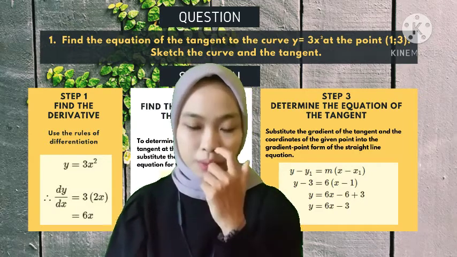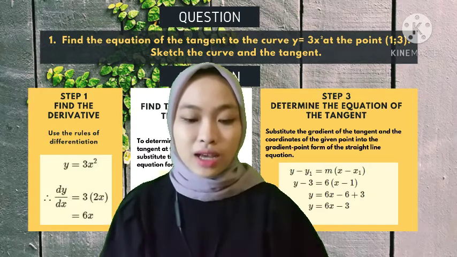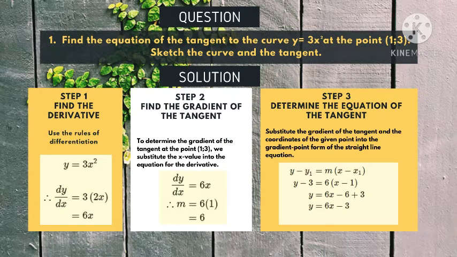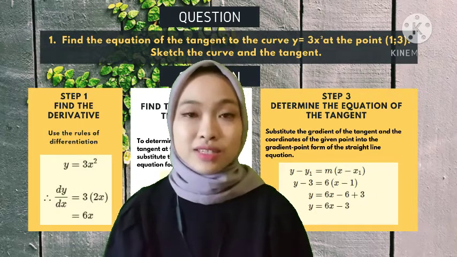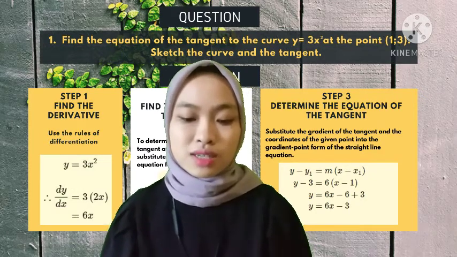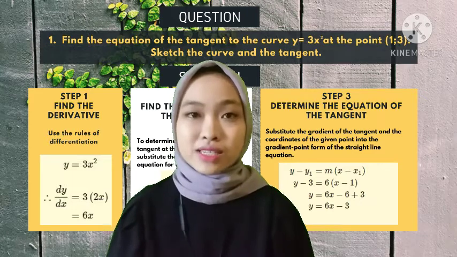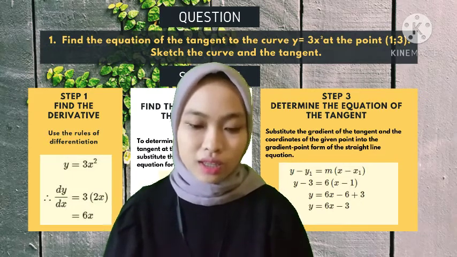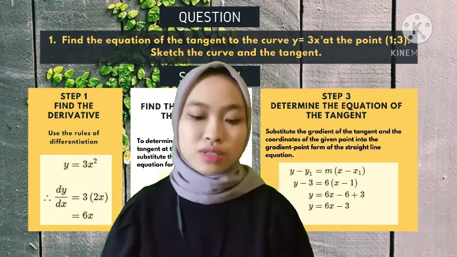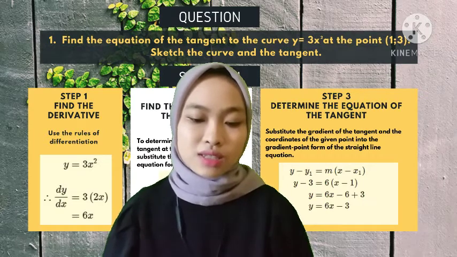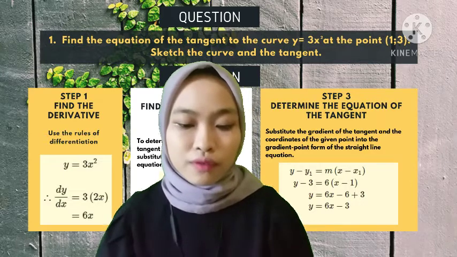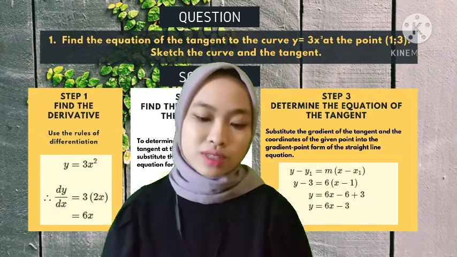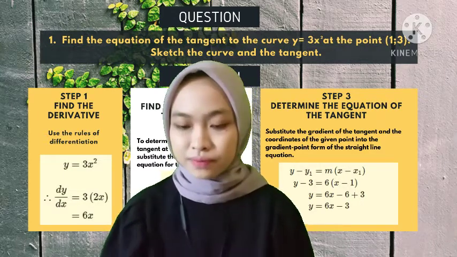Then we substitute the point (1, 3). We get y minus 3 is equal to 6 multiplied by x minus 1. And then y is equal to 6x minus 6 plus 3. And then finally, we get y is equal to 6x minus 3.